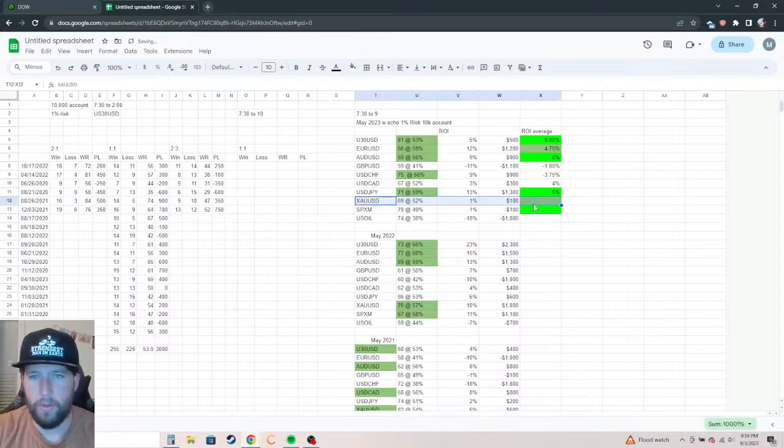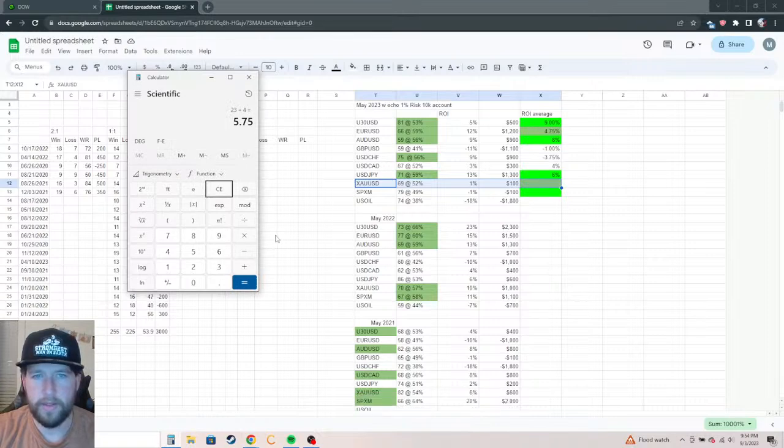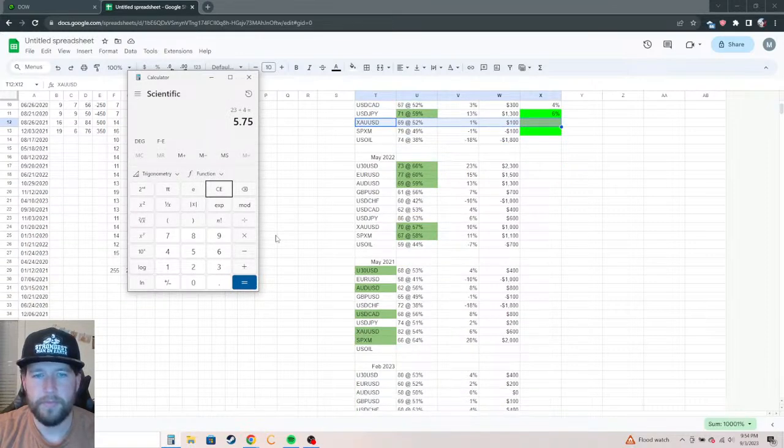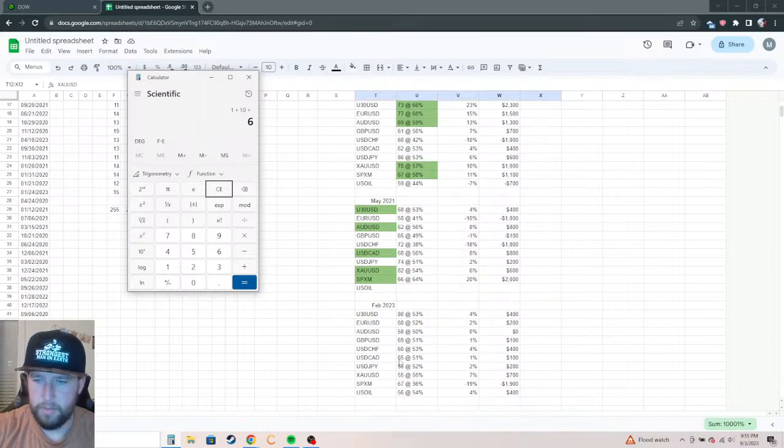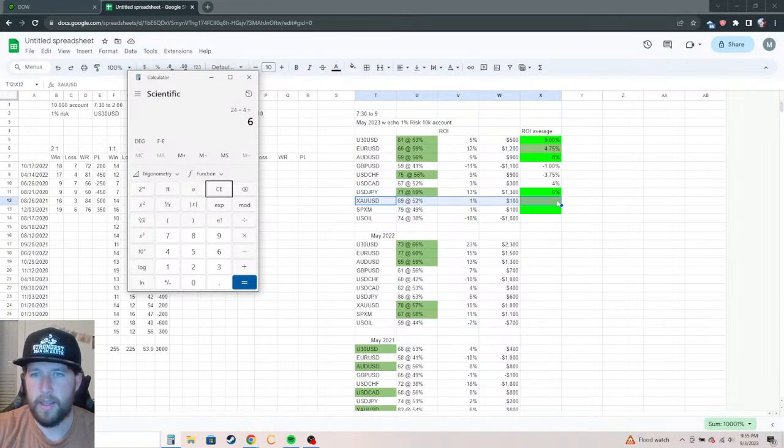Okay, let's see what we get with gold. Where'd my calculator go? There it is. So 1 plus 10 plus 6 plus 7, 24 divided by 4 is 6.